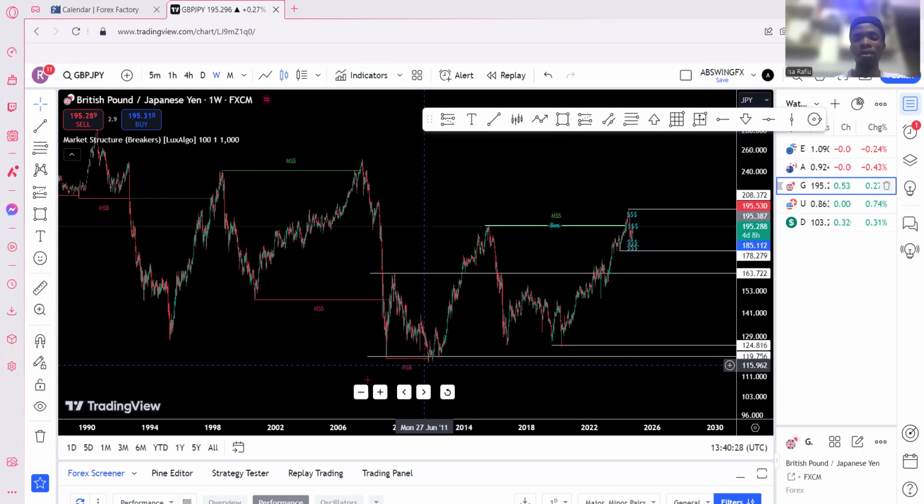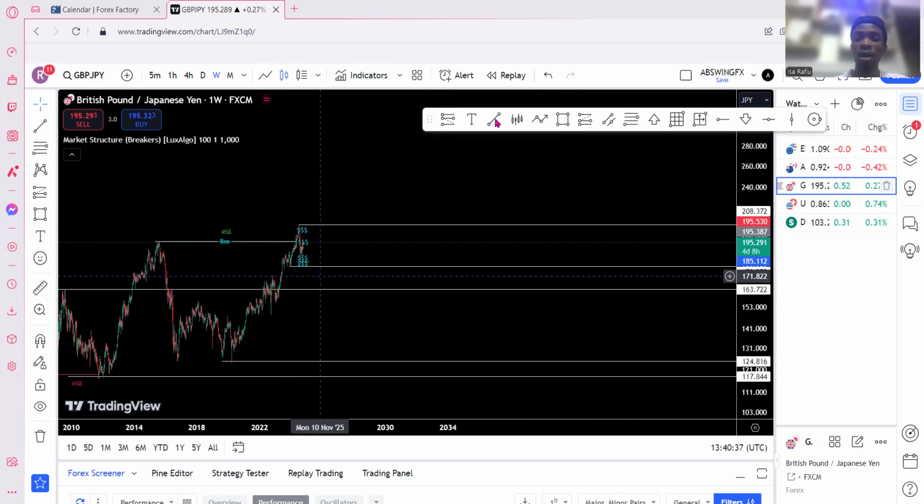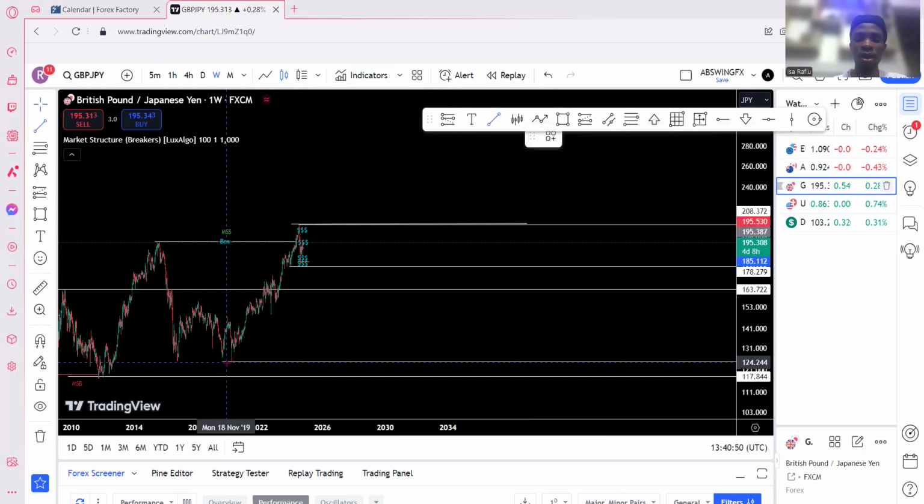It's not full. So I have a downward range in here, and I have my low here, and I have my high at this point. I have my high at this point. And I have my beautiful low at this point. Swing low.